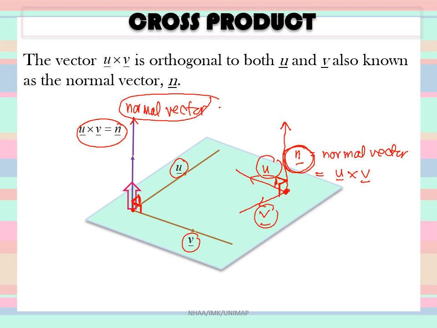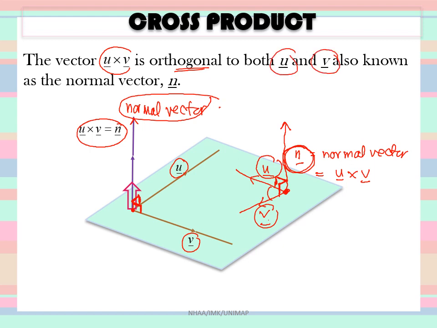Alright, but for vector u and vector v, the angle is not necessarily 90 degrees. It depends. Okay. And thus, when n to vector v is 90 degrees and n to vector u is 90 degrees, vector uv is said to be orthogonal to both u and v.